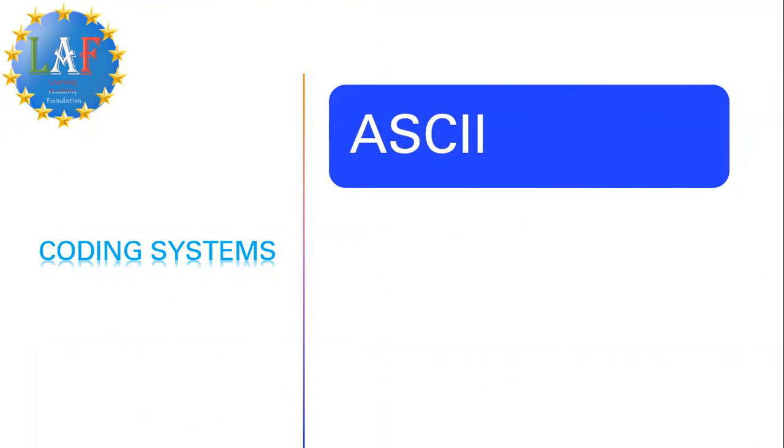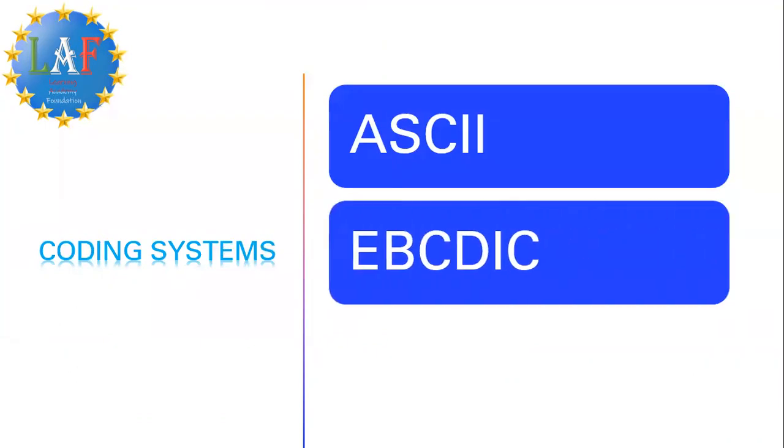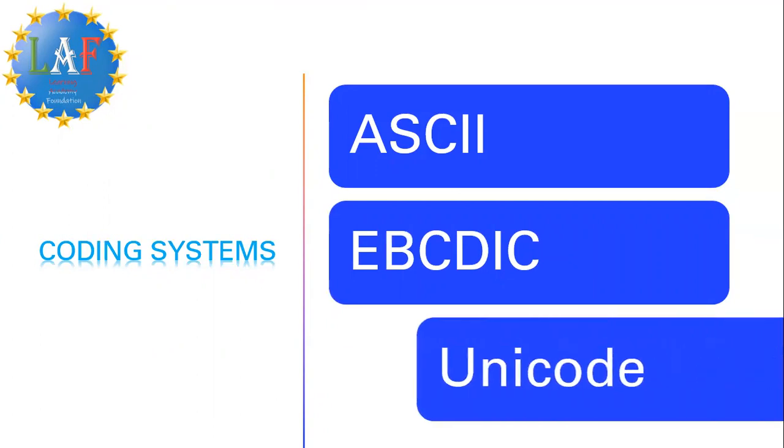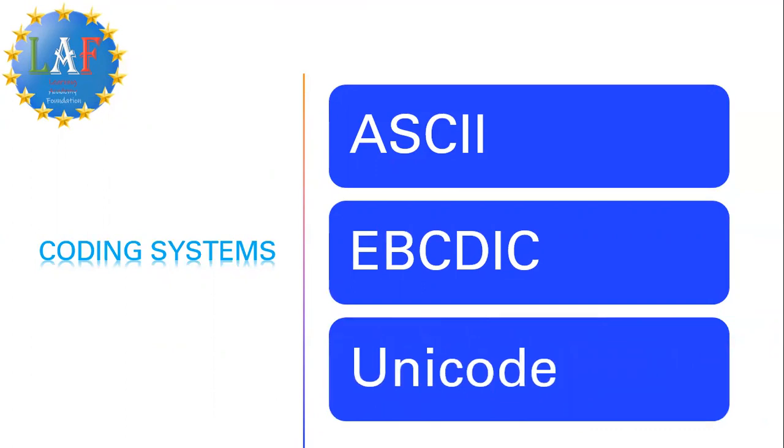This defines which characters are associated with the first 128 numeric values. EBCDIC, Extended Binary Coded Decimal Interchange Code, that now is in disuse, and Unicode for languages that use more than 256 characters, using 2 bytes per character.